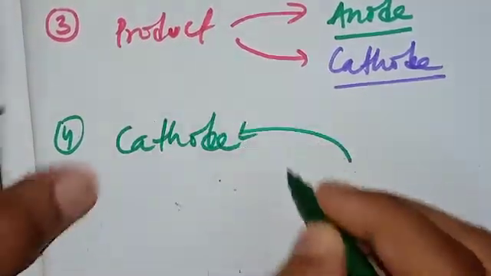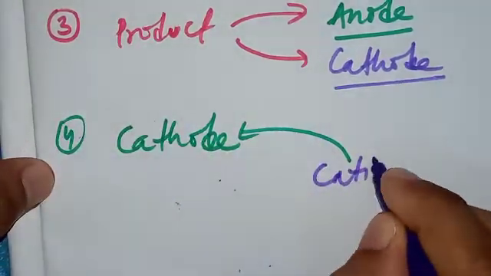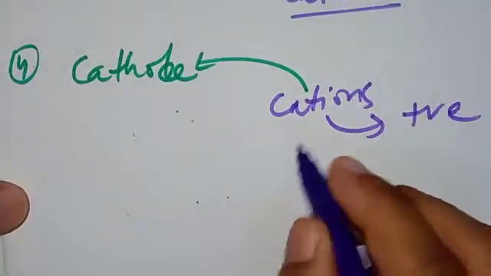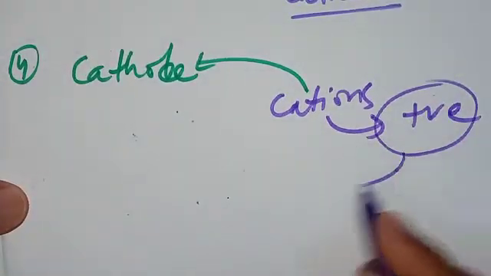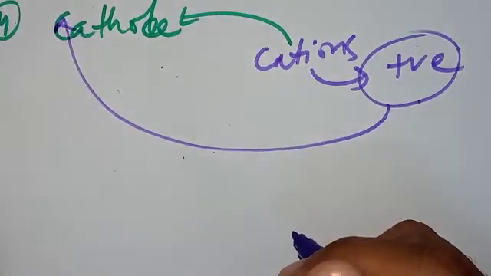the cathode attracts the cations, and you know that cations are positive in nature. So all the electropositive elements will get attracted towards the cathode, including the metals. They form positive cations.